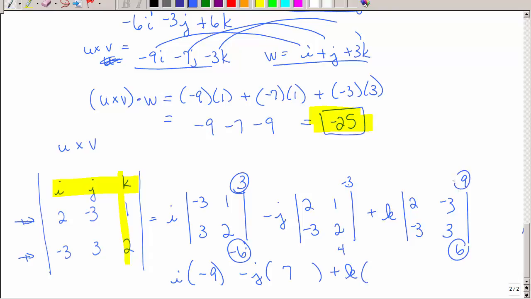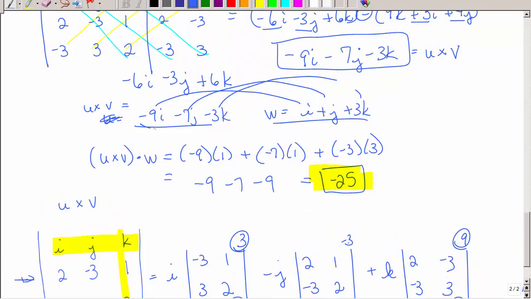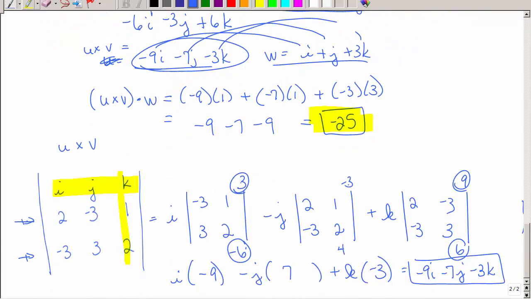We have 6 minus 9 is negative 3. So we would have negative 9i minus 7j minus 3k. Is that the same that we got before? Yes, it is. It's right there. And so these do match. Again, pick the method that you like and that you are good at.